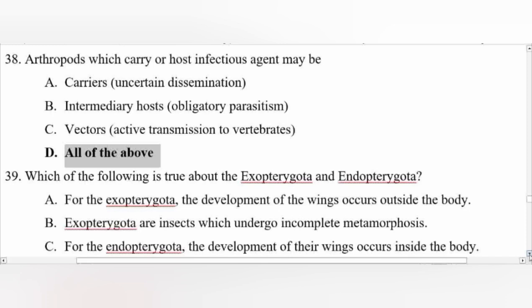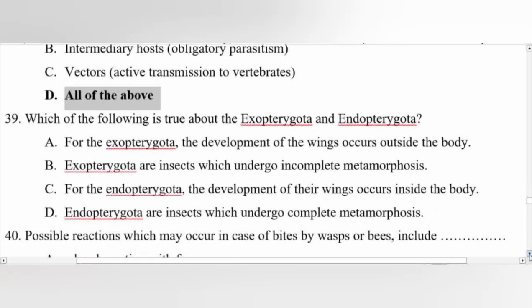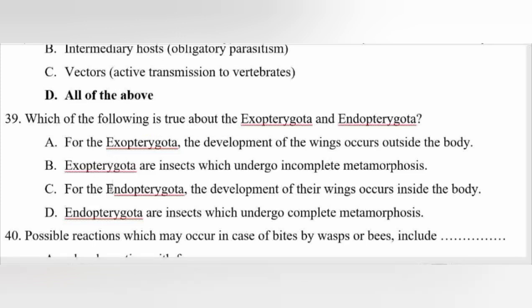Question number 39. Which of the following is true about the exopterygota and endopterygota? Okay, so in other words, which is true about insects with the exopterygota and endopterygota.